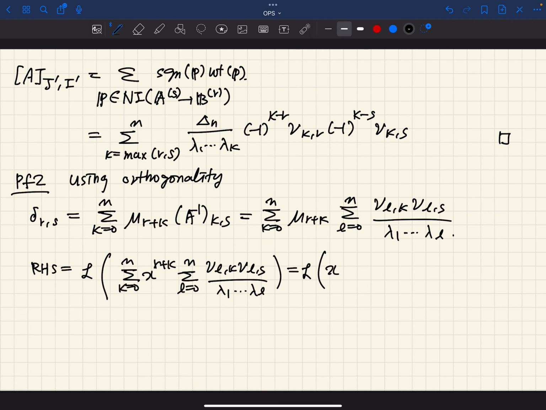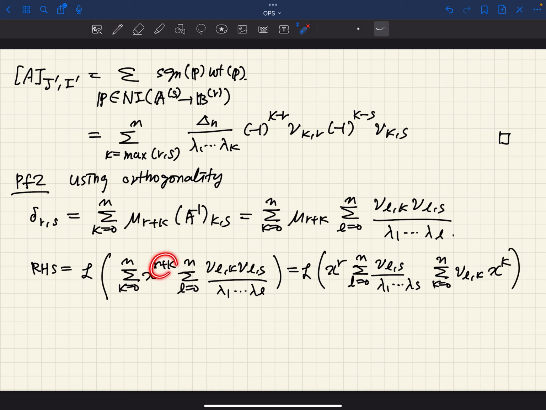X to the R, I'm going to separate that over here. And I'm going to write L first: new LS, lambda 1 through lambda L, and then the K sum of x to the K. If you look at this, this is nothing but PK.